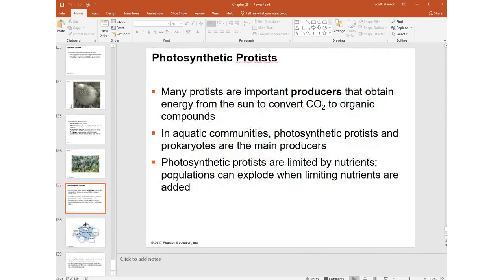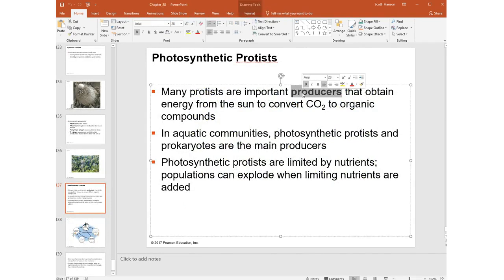A lot of protists are important producers. They serve as food for other groups. They obtain energy from the sun and convert carbon dioxide into organic compounds. In aquatic communities, photosynthetic protists and prokaryotes are the main producers in most aquatic communities.